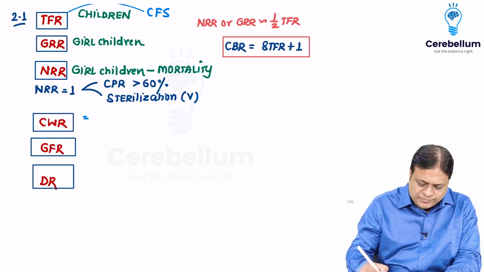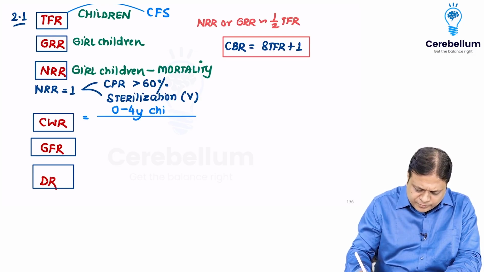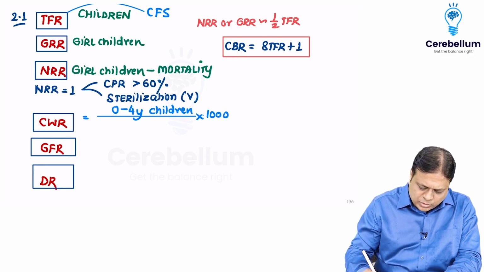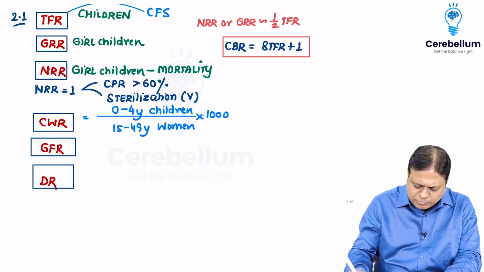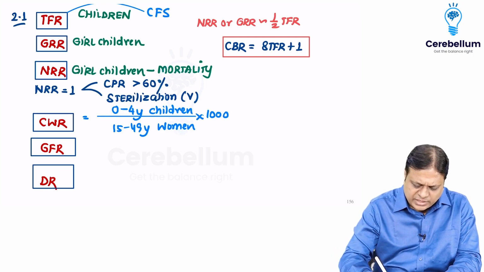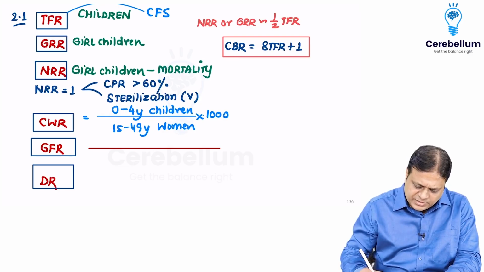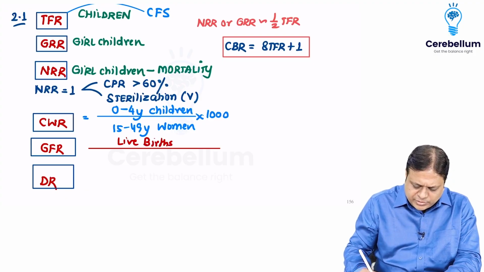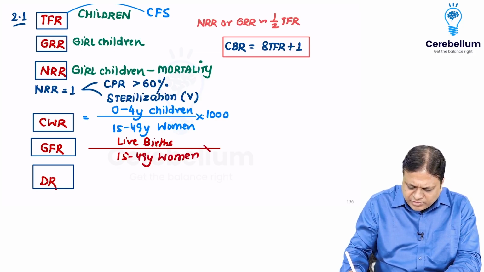Child women ratio. This is a formula where we have children 0 to 4 year total per 1000 total women in reproductive age, mid-year population. When we look at general fertility rate, this is total number of live births per 1000 women in reproductive age again.